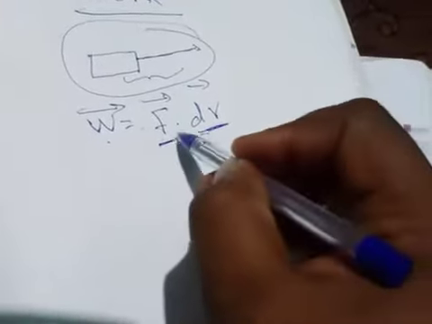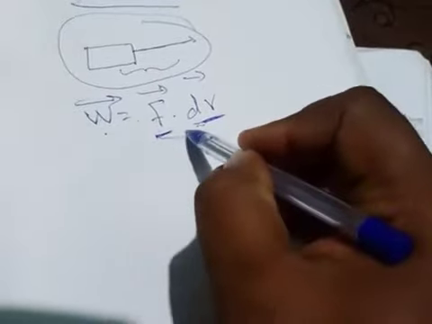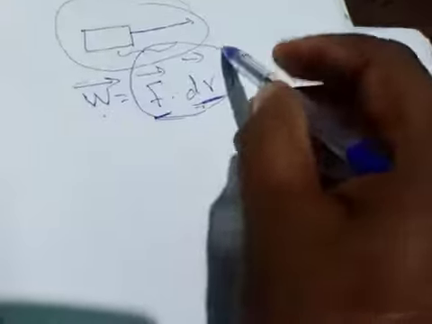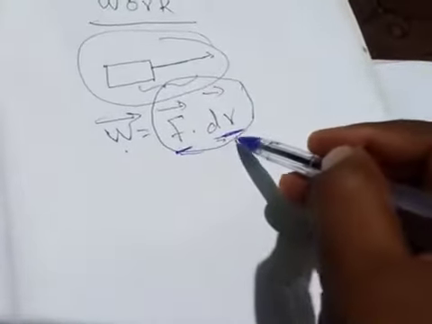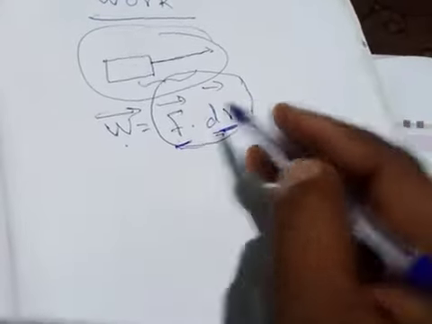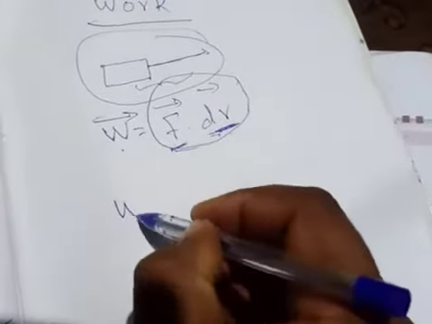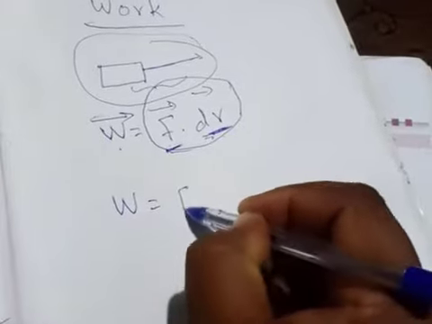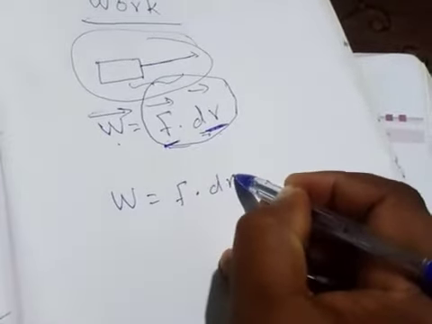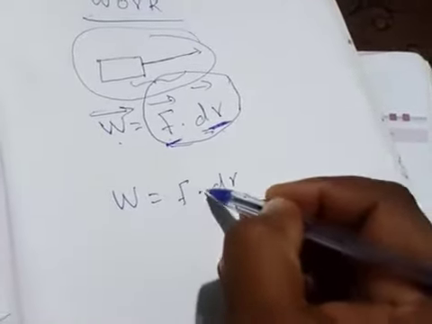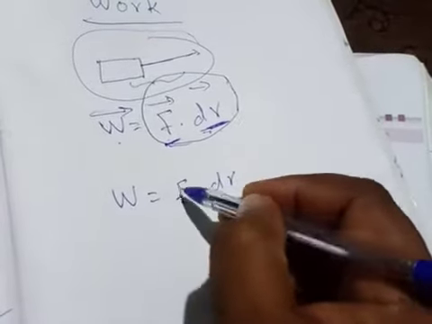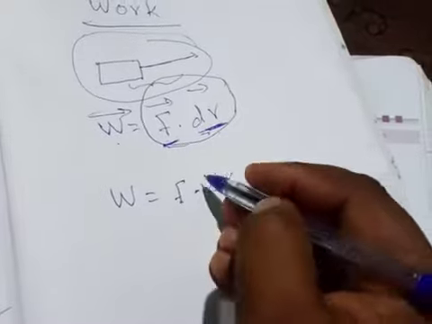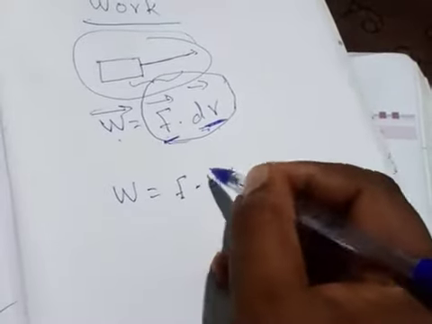So the product of two vectors will be a scalar. Here you can see that the force is a vector quantity, displacement dr is a vector quantity. So from this equation W is equal to F dot dr, this is a product between the force and displacement.